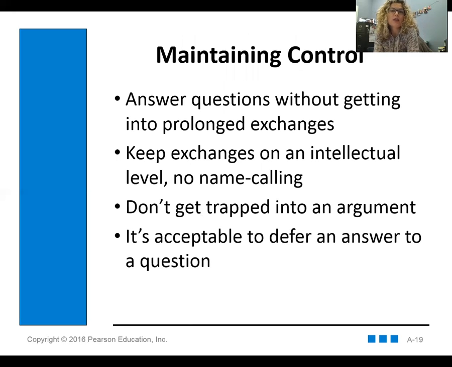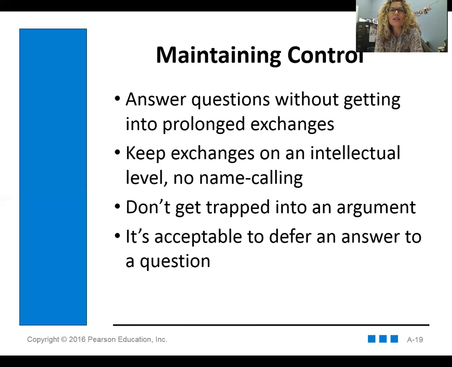So again, you want to answer your questions concisely and make sure that you are actually answering the question. If it gets heated, which most likely will not happen in this situation, but in other cases, make sure that you're staying professional, no name calling during this point. It looks really bad if that happens.